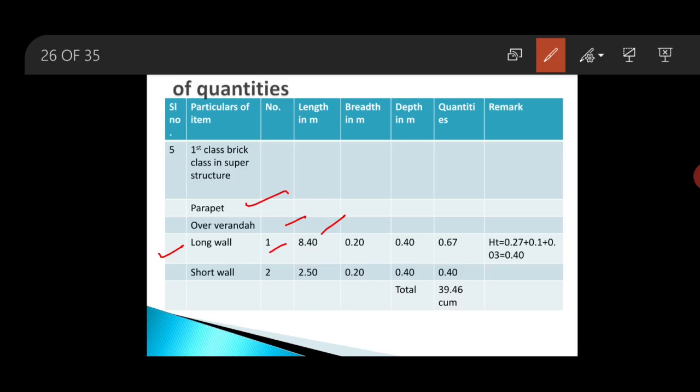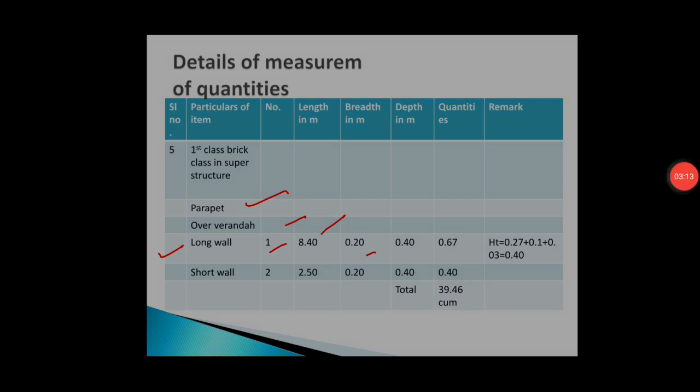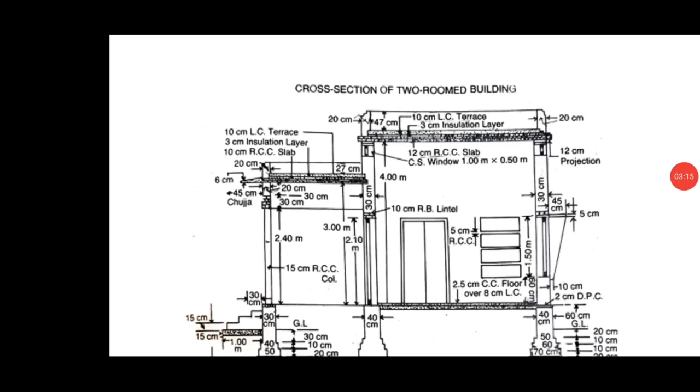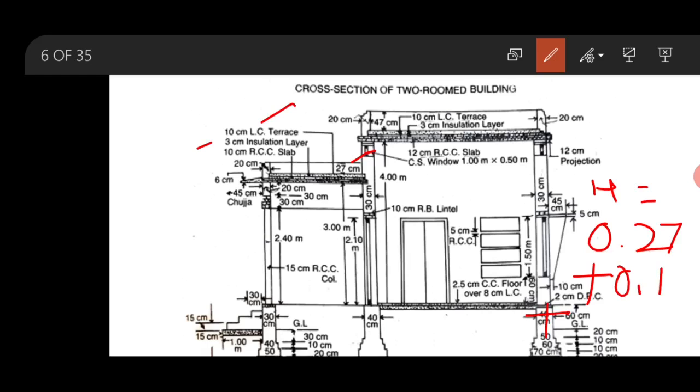So it is 8.4, breadth is 0.2, but the height of the parapet above veranda is different. Here the clear height is given as 27 centimeters, so 0.27. With that we will add 10 centimeter terracing, that is 0.1. With that we will add 3 centimeter insulation layer, that is 0.03. So this will give you the total height as 0.40 meter.